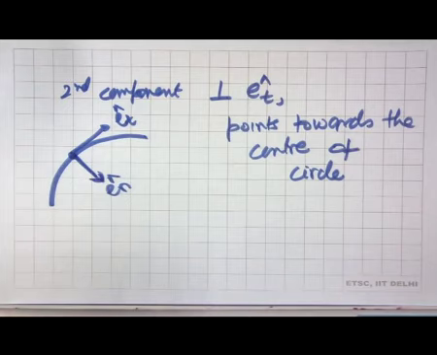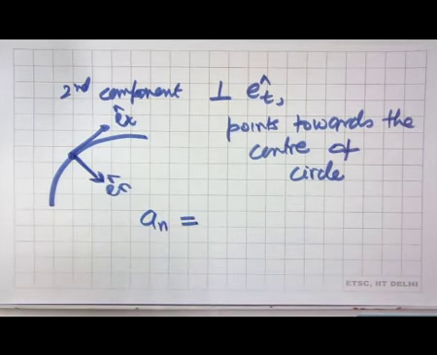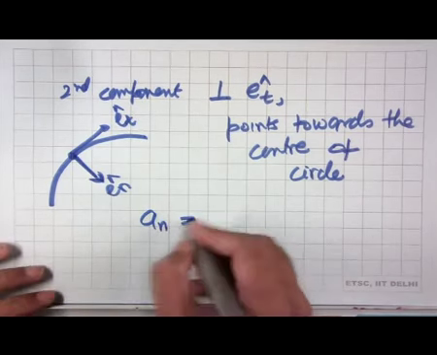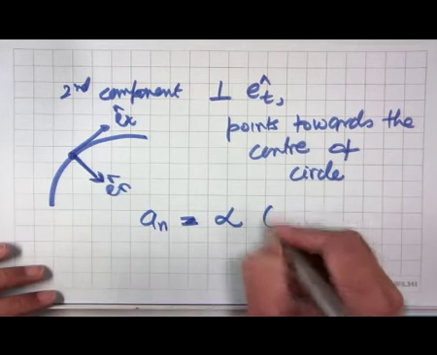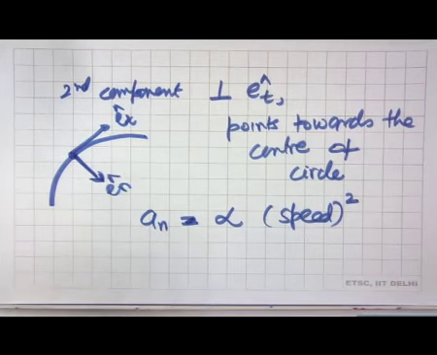So we have these two vectors E t and E n, and the normal component of acceleration we can show is, first of all, proportional to the square of the speed. Whatever is the speed of the particle at this point, this will be proportional to the speed squared.